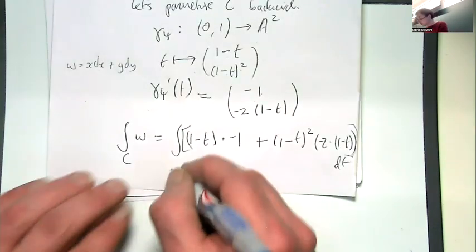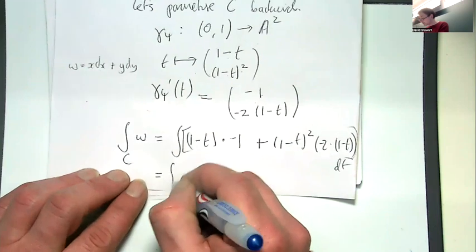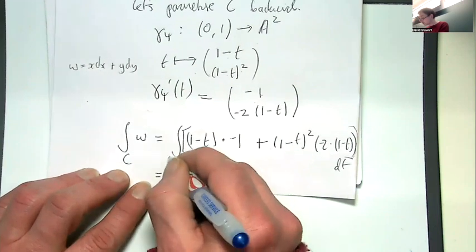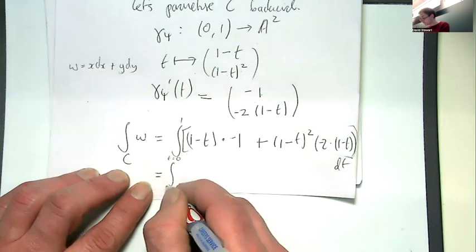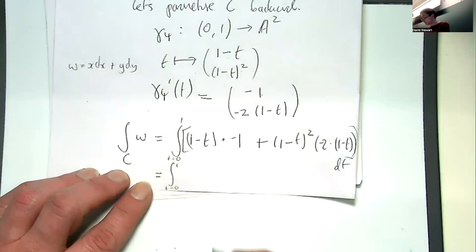Right, so let's just expand all that mess out. We're going from 0 to 1 here. That's 0 to 1.